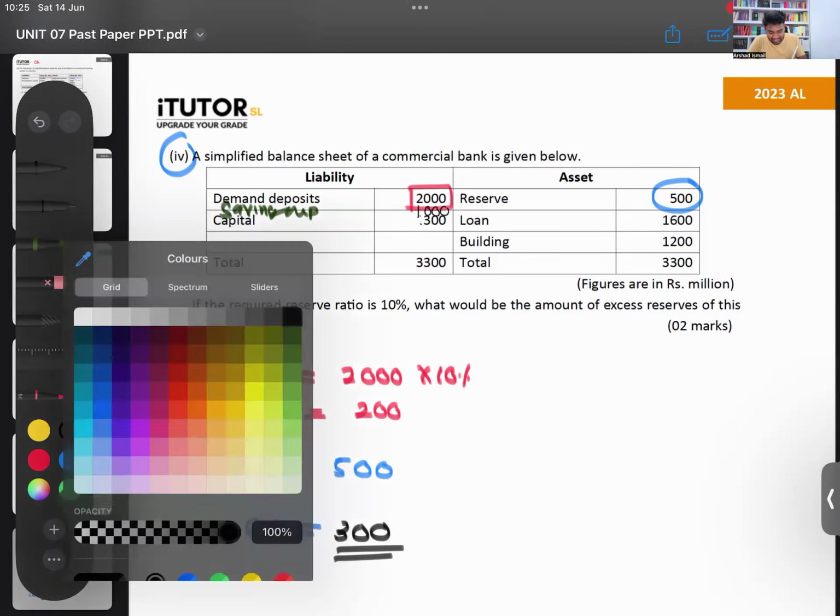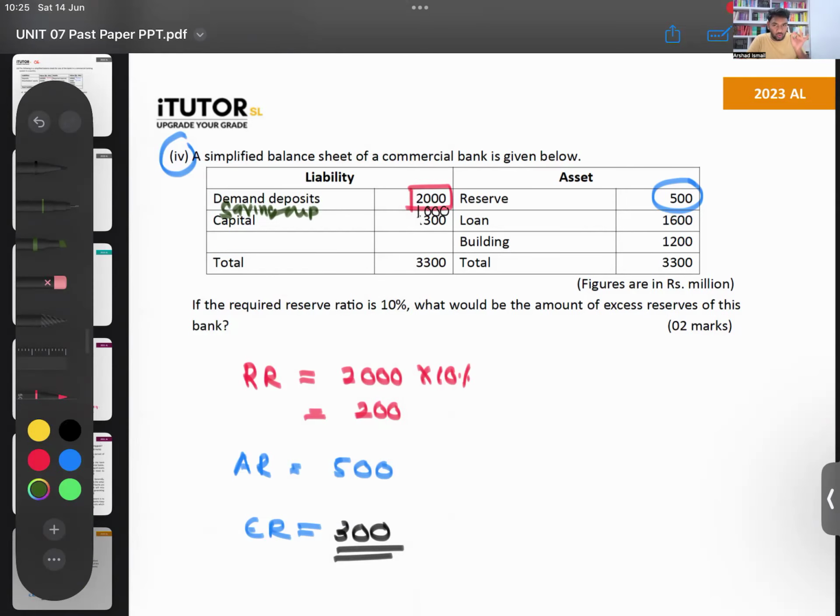Remember, SRR is not only on demand deposits. SRR is on whatever deposits. The only exception is that they may introduce foreign currency deposits, NRFC and RFC deposits. For that, if I am not mistaken, there is no SRR yet.